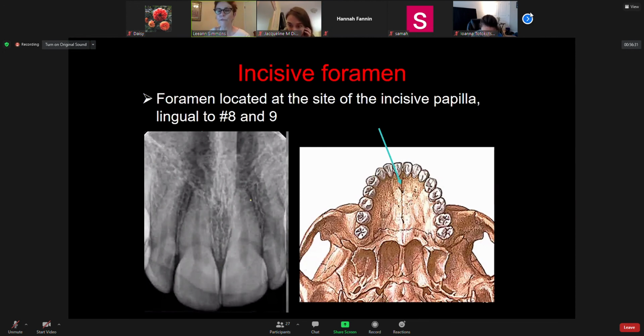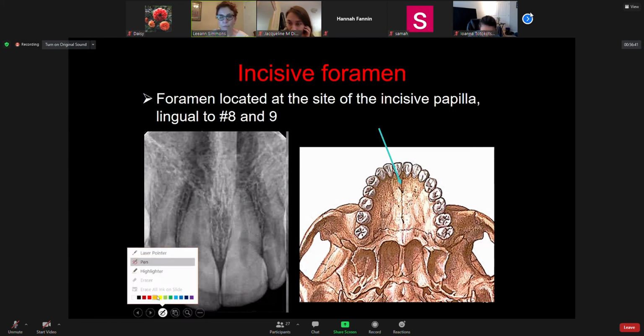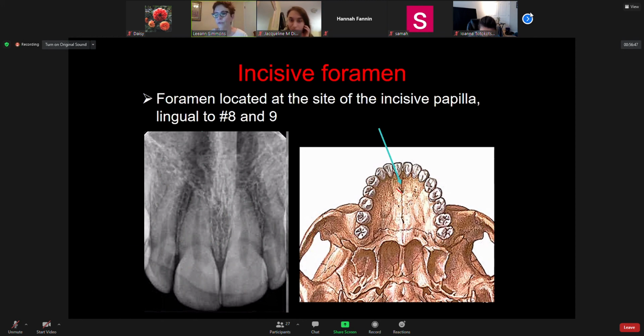An important foramen located in the maxillary bone is the incisive foramen, and it is right underneath the incisive papilla. So you see it here on this image as this little structure right here. It's actually a hole in bone through which blood vessels and nerves to the anterior palate exit to supply the gingiva.